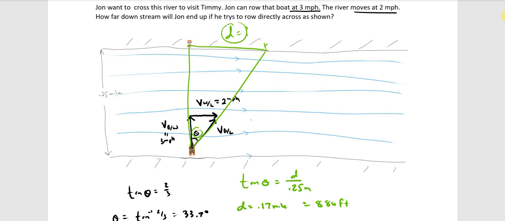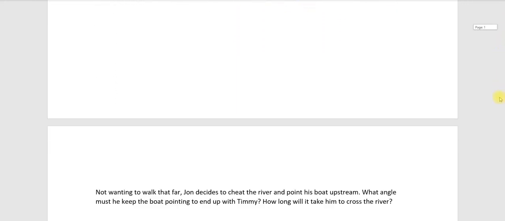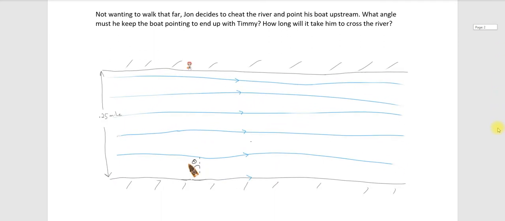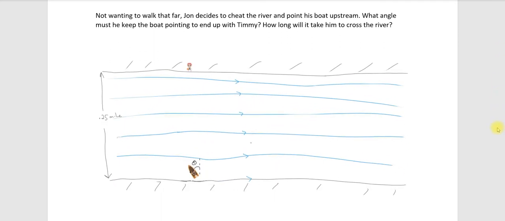All right, next problem. But instead, John decides to cheat the river somewhat by pointing the boat upstream here. So the velocity vector for the boat with respect to the water would look something like this. And this angle theta here is what we're going to find.